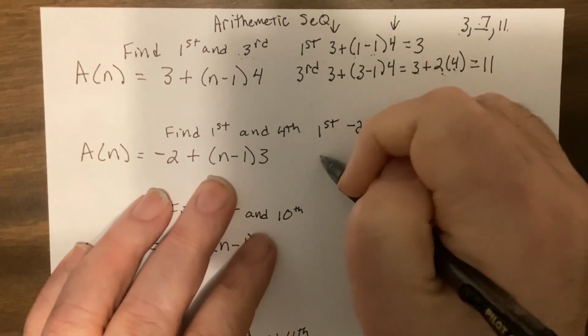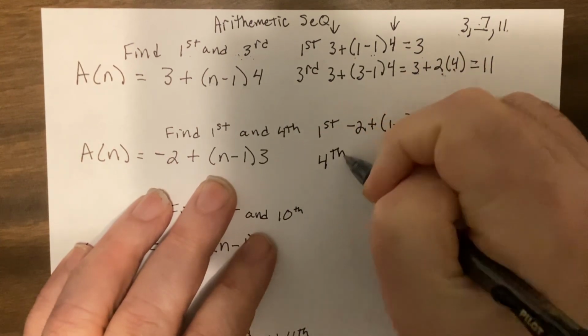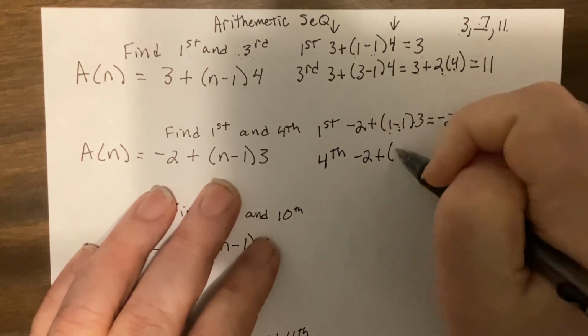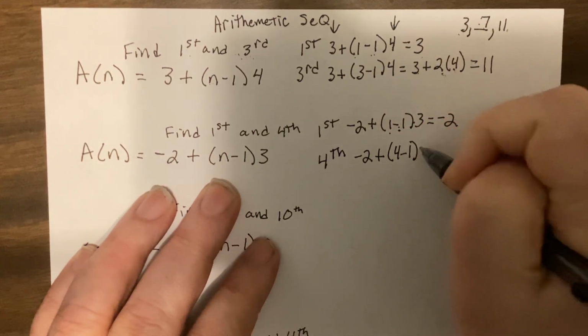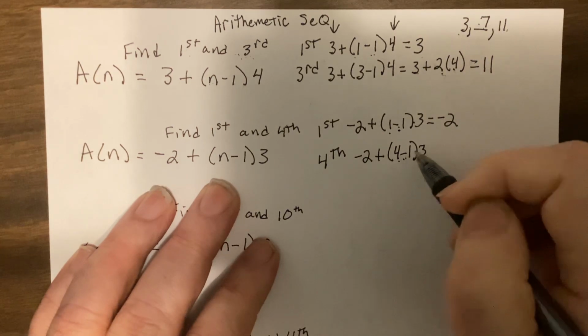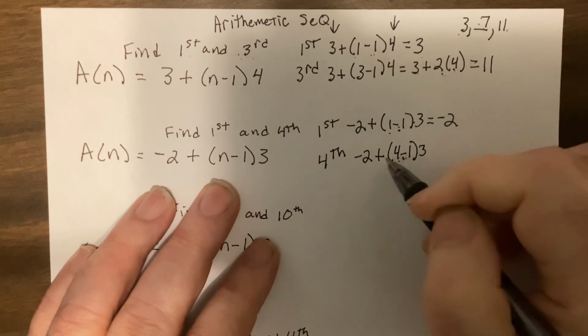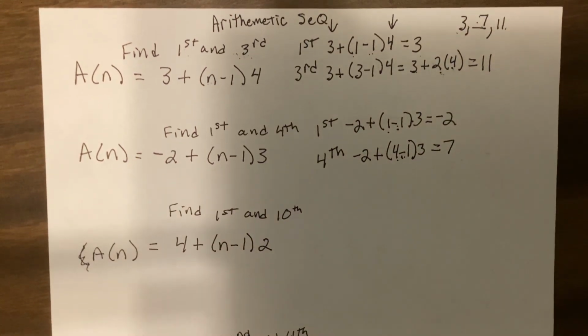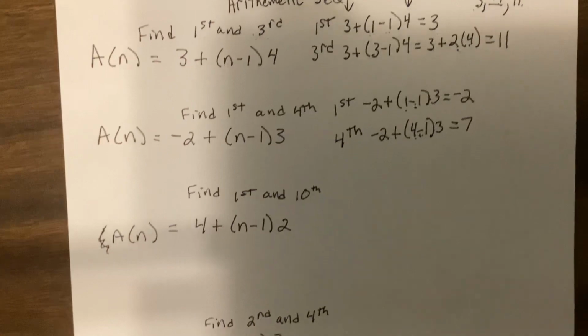So if I want the fourth item in the list, I'd go negative 2 plus 4 minus 1. 4 minus 1 is 3. 3 times 3 is 9. Plus negative 2 is 7. So if you have a sequence, that's how you find the specific item you're looking for, the item in a certain spot on the list.